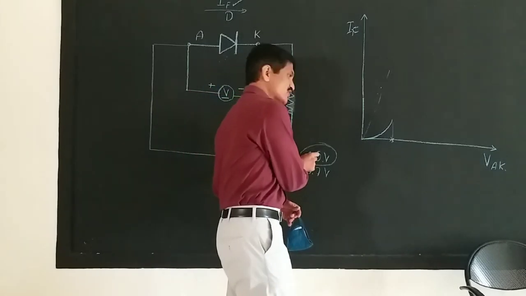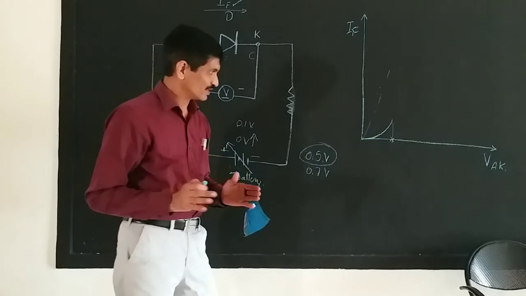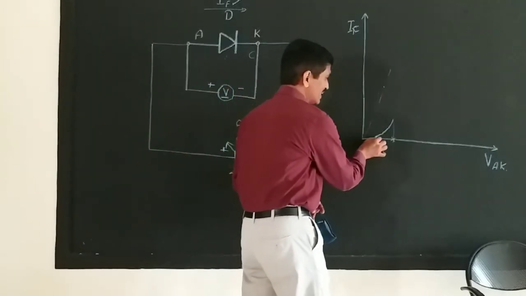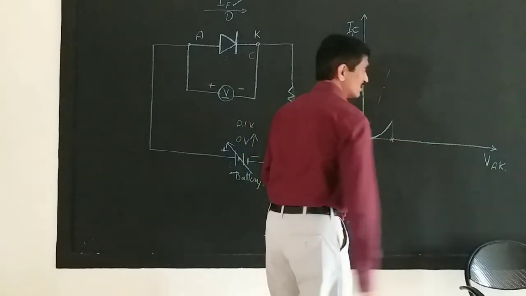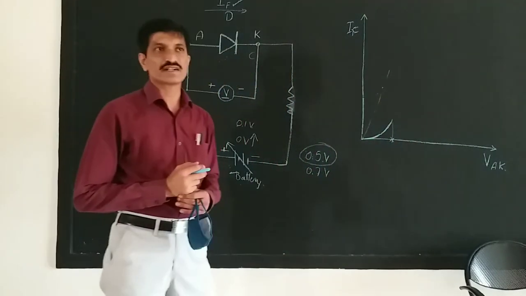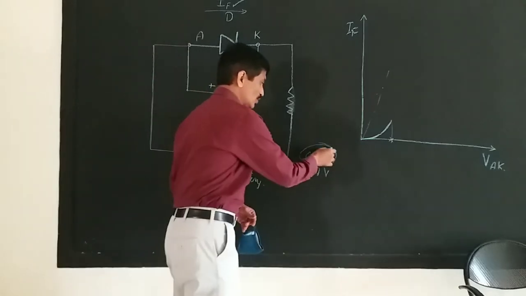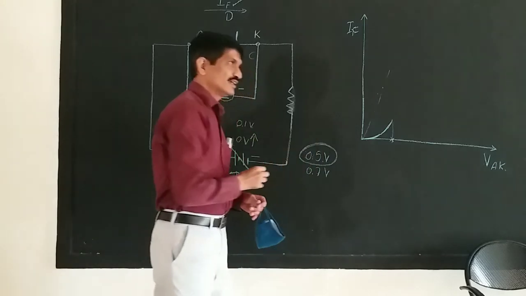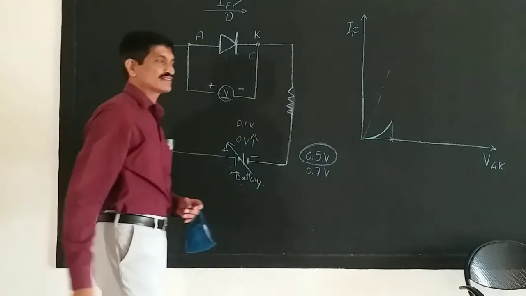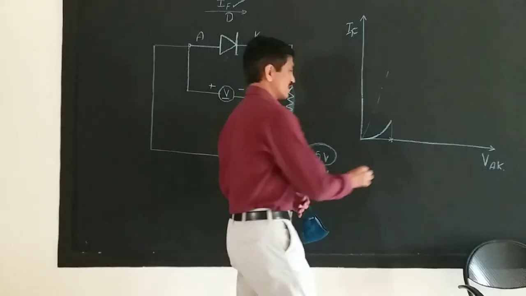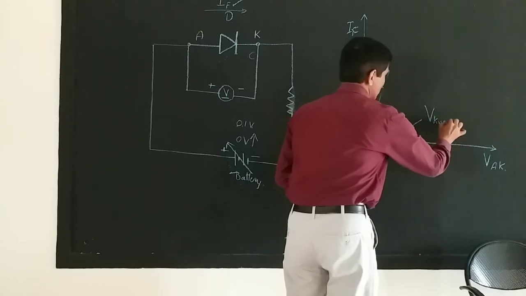Till the opposing barrier potential is totally vanished, there would not be any linear rise in the diode current with the rise in the voltage across anode and cathode. The point where the junction potential is totally vanished at this junction is called the knee point, and that is available here, and this we call V knee.